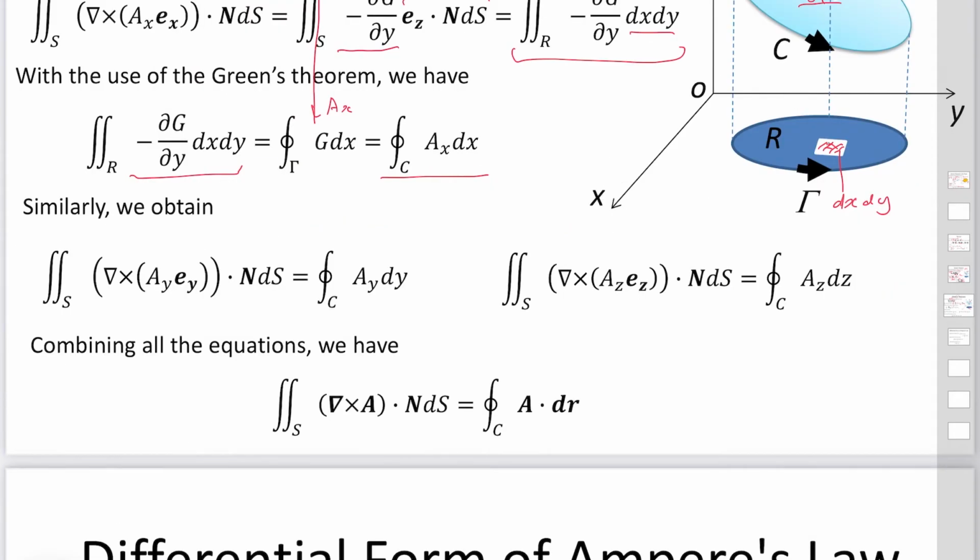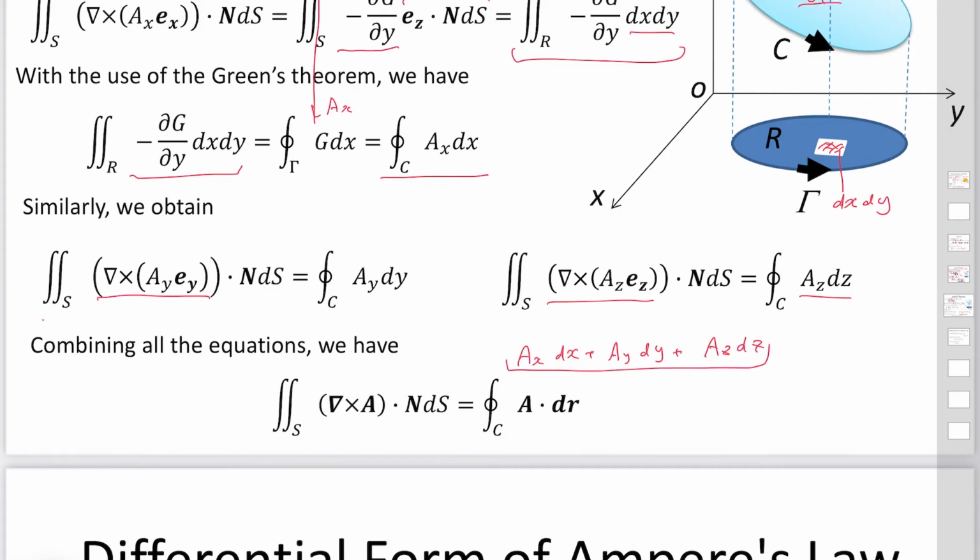A similar method can be applied to find these terms. It becomes a sub y dy. This becomes a sub z dz. So if you combine all the terms, the right hand side becomes a sub x dx plus a sub y dy plus a sub z dz.